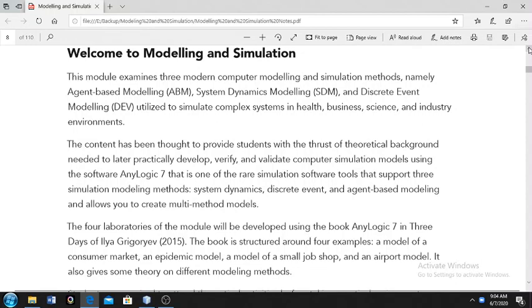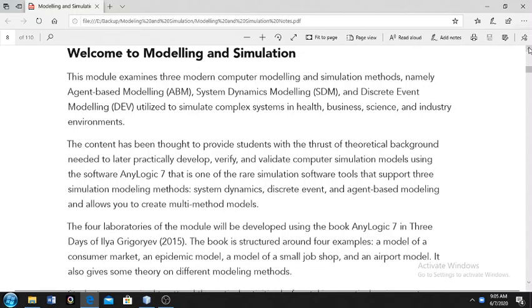This module examines three computer modeling and simulation methods, namely agent-based modeling, system dynamics modeling, and discrete event modeling, utilized to simulate complex systems in health, business, science, and industry environments.